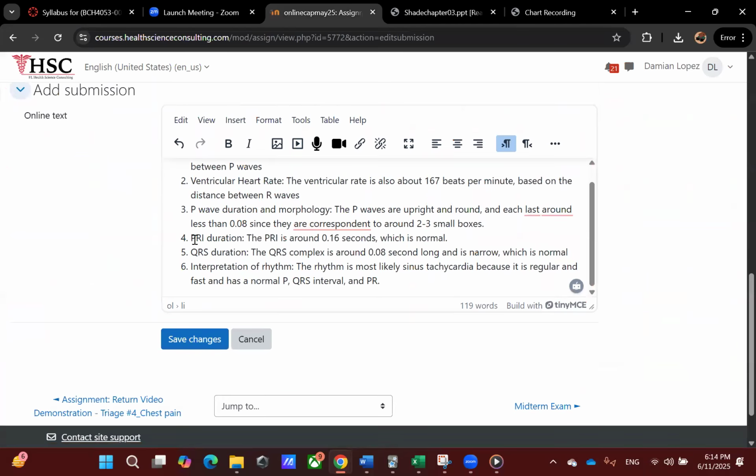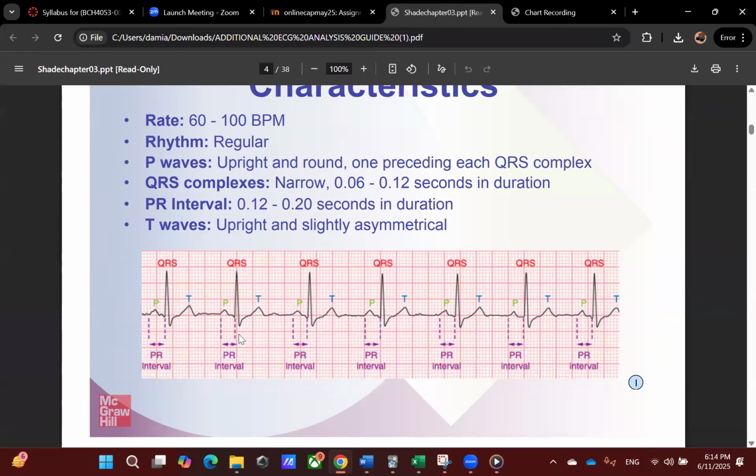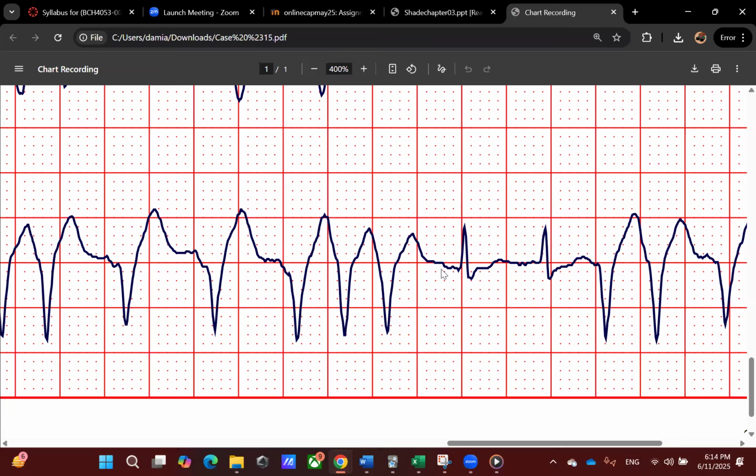And the PR duration, as we can see here, should be this interval right here. So if you go back here again, you can look at the small bump right before the small dip, and that lies from here to here. It's definitely around 4-ish boxes since we're looking at this whole complex.